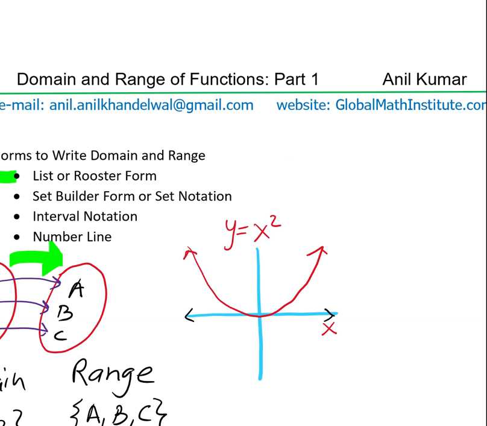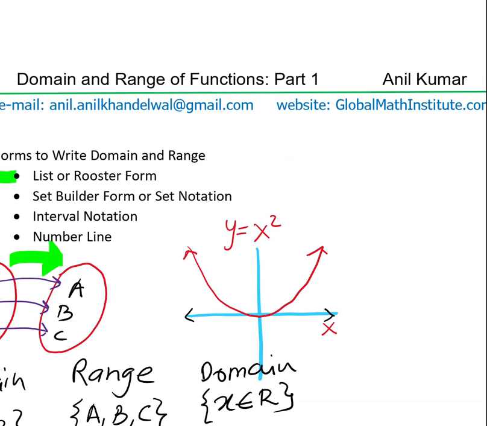So we can write here the domain as, within these curly brackets, x belongs to real numbers. Does it make sense to you? So that becomes a set form. In this particular case, the range has restrictions.